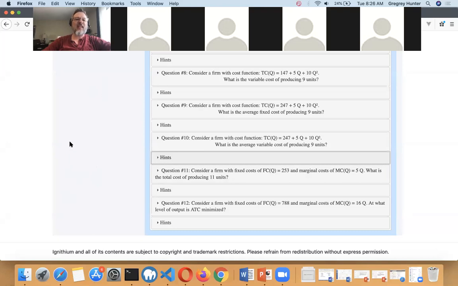This is the one thing that we kind of said in passing, so it might be a little bit challenging. But yes, it's the area under the marginal cost curve. So marginal cost is not equal to variable cost.